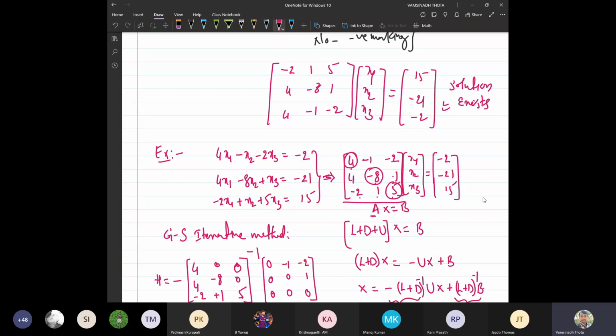We have done nothing. We have just rearranged the equations instead of considering the first equation as the first, we put the third one there. The order is rearranged. So the elementary row operations do not affect the solution of the given system.